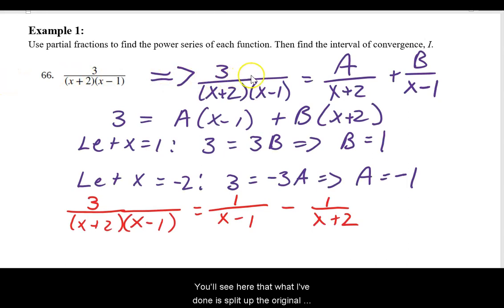You'll see here that what I've done is split up the original rational expression into the sum of two fractions, a divided by x plus 2 plus b divided by x minus 1. I was able to then solve for a and b and got b to be 1 and a to be -1. This let me rewrite the original expression in terms of the fractions 1 over x minus 1 minus 1 over x plus 2.